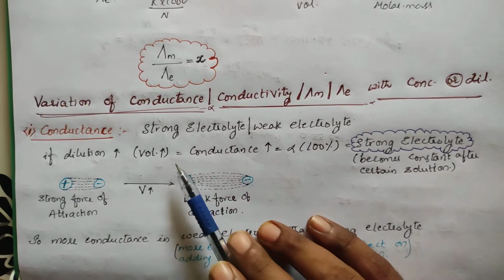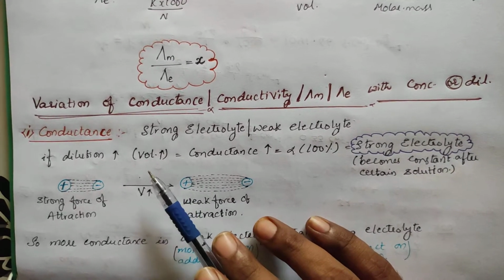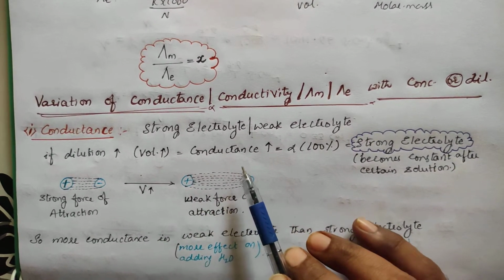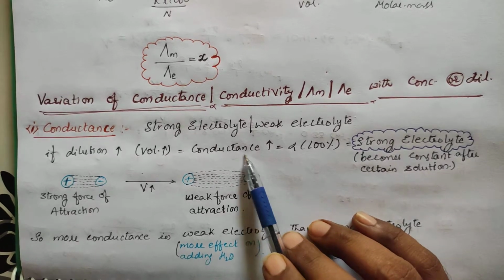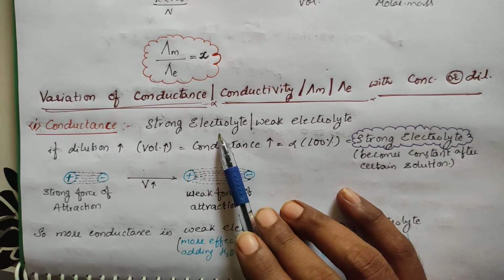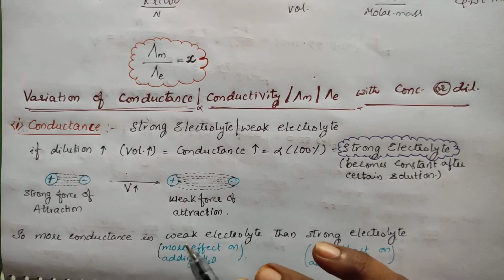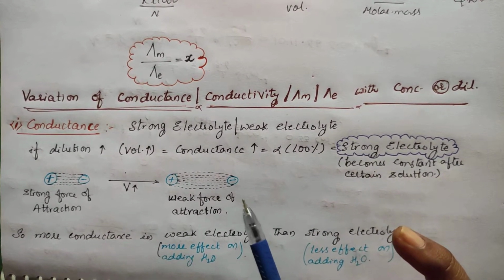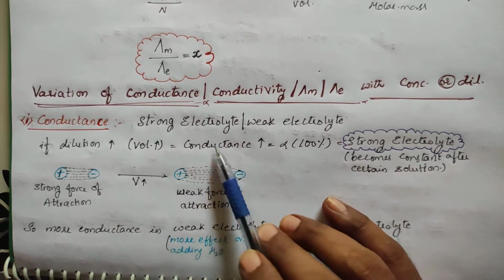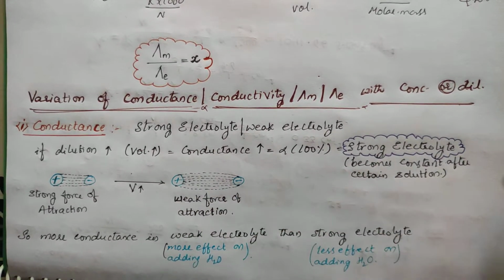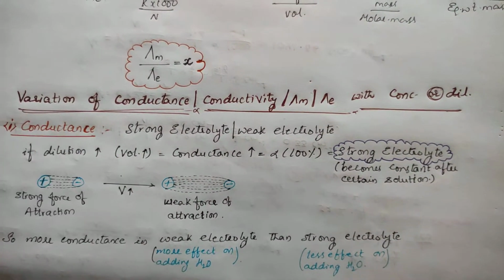If dilution is increasing, volume is getting increased, and conductance also increases. What is meant by strong electrolyte? A strong electrolyte is one which undergoes dissociation in the solution. If you go on increasing the water, at one point of time it gets saturated.